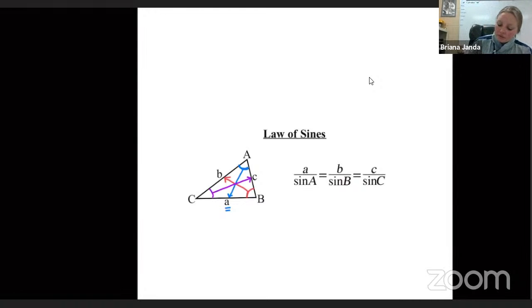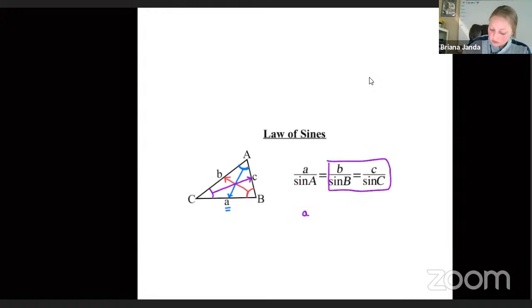So what you'll see is we've got three ratios here, and all that is showing you is that it works for all combinations. You would only ever use any two of these. So we may set up the first two. Or you may set up the second two. Or you may set up the first and last.